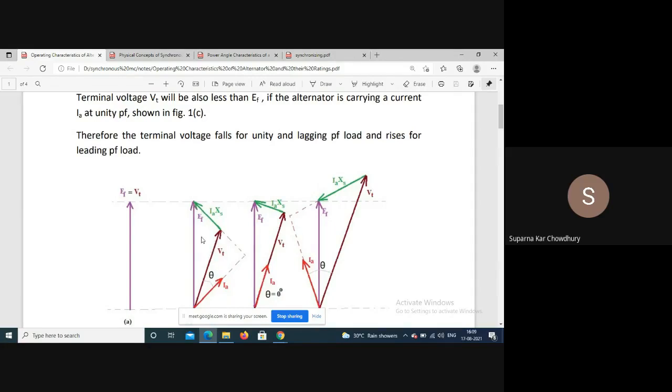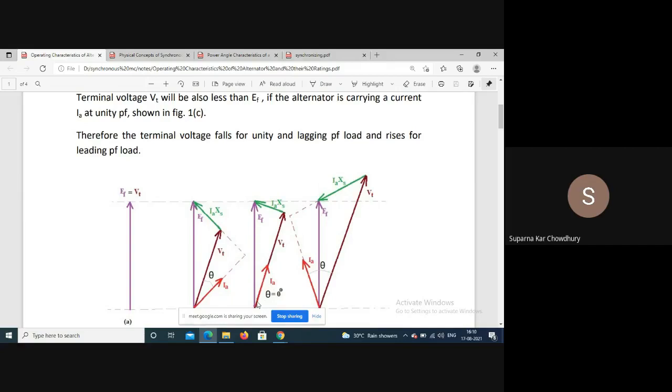Under loaded condition, the terminal voltage plus the drop is equal to the induced EMF EF. So for lagging power factor, you can see that the magnitude of VT has decreased. It is less than what was the value at no load.